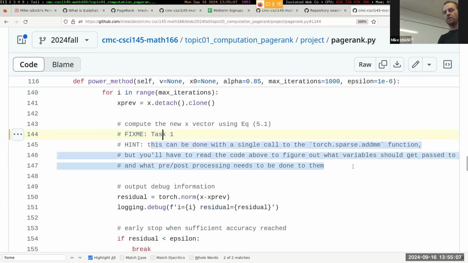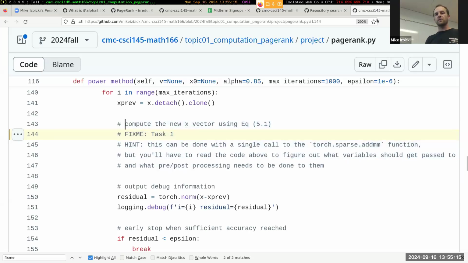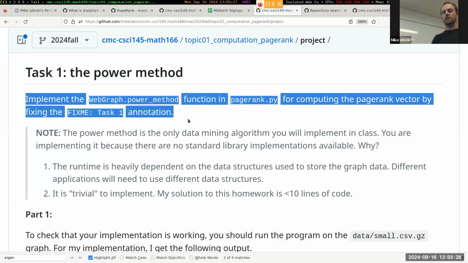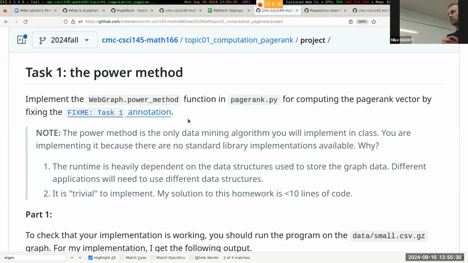And there's a hint that gives you the specific functions that you should look up in the Torch library, whatever you need to do. So this should be mostly self-explanatory. I'm not going to go through code-wise how to use things like PyTorch to do this. I'm going to expect that you all can figure that out on your own. The hard part about this assignment really is not the coding so much as understanding just what those math equations are supposed to do and get them implemented.